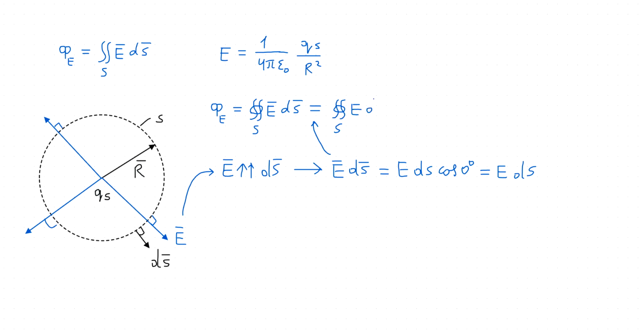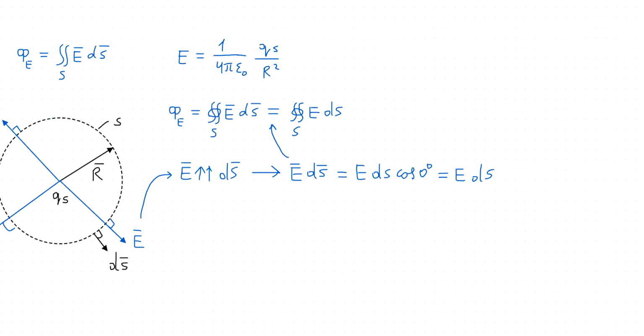It looks almost the same, but here we don't have any vectors. So the integral was significantly simplified, because it is much simpler to work with scalars than with vectors.